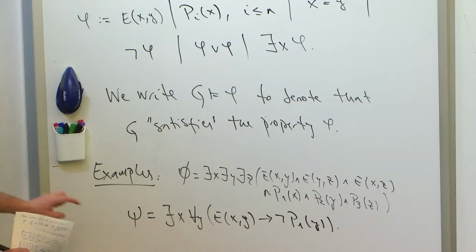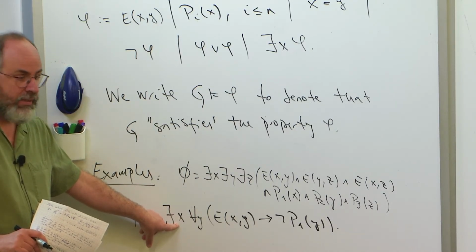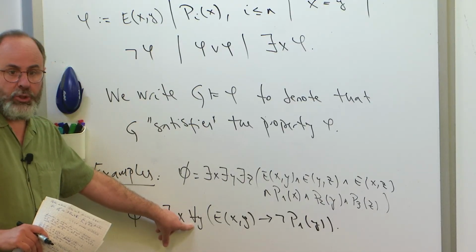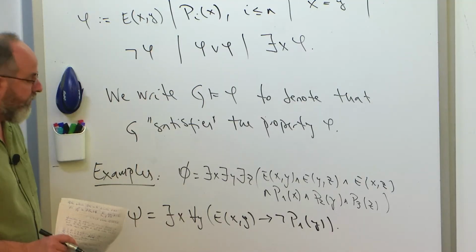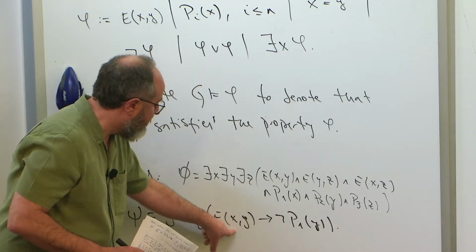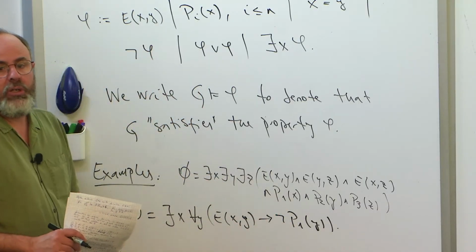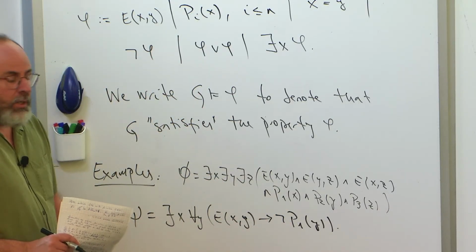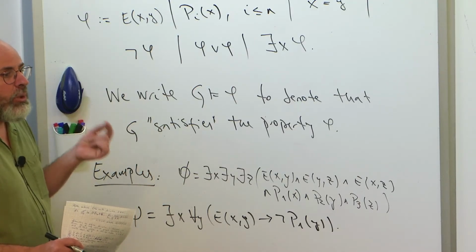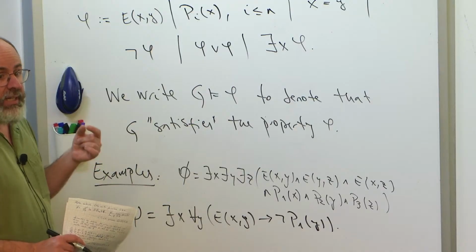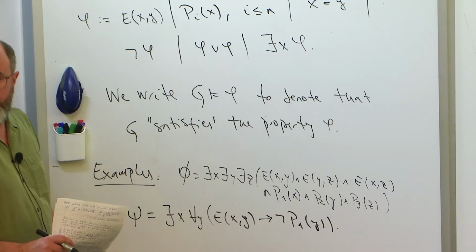This formula is expressing that there exists a node in the graph such that for every node, if this node is adjacent to X, then it is not color 1. So this property is true of those graphs that have a node that is linked only to nodes that do not have color 1.